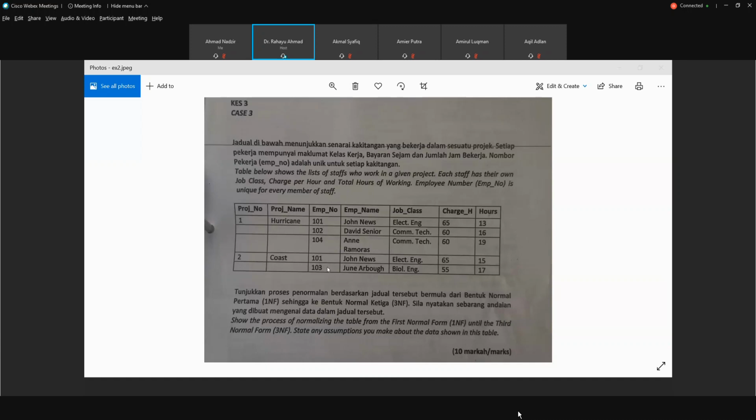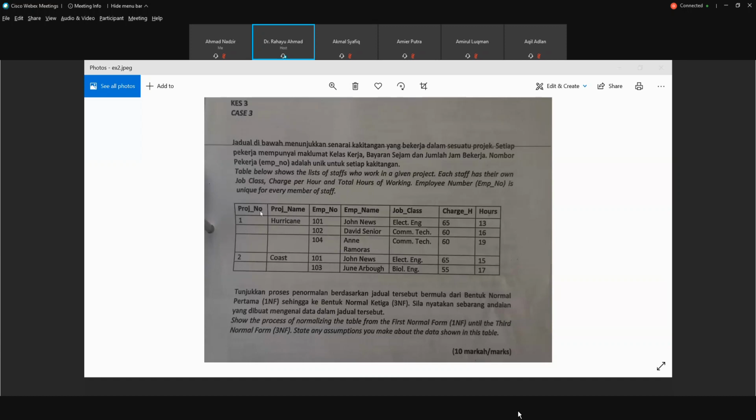2 employees. Okay, so you know that first you have to, for unnormalized form, you list down everything. So what will be your answer? Okay, so you list everything: project number, project name, employee number, employee name, job class, charge per hour and hours.